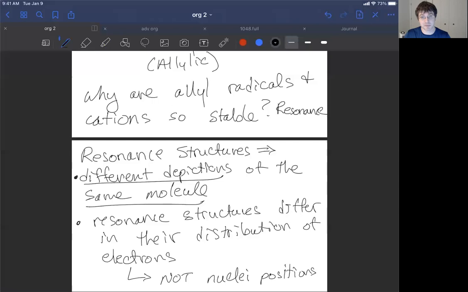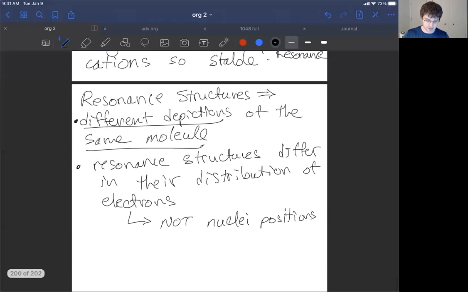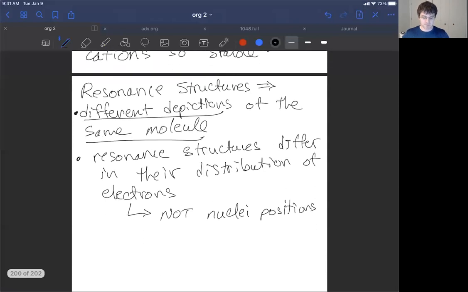What this is saying, and I'm going to continue to emphasize this point over and over again, because this is an important point, but you probably won't grasp it as well as you will once you're better at drawing resonance structures. So not nuclei positions. That is to say, the atoms don't move, just the electrons move and get redistributed. Okay, but the important point right now is the first one: different depictions of the same molecule.